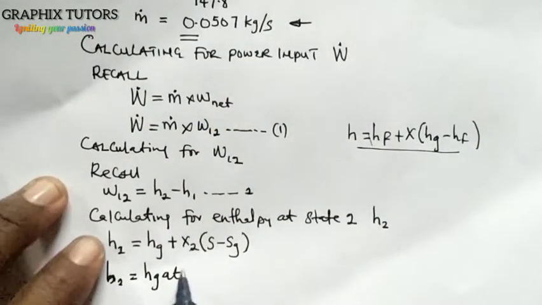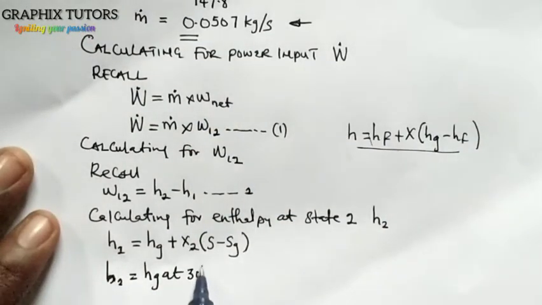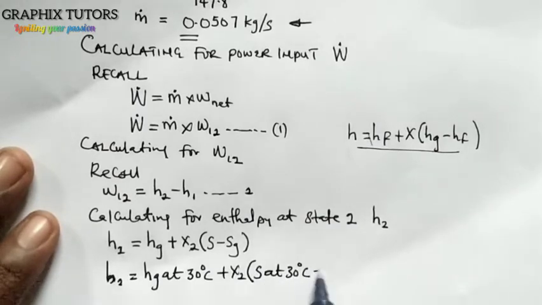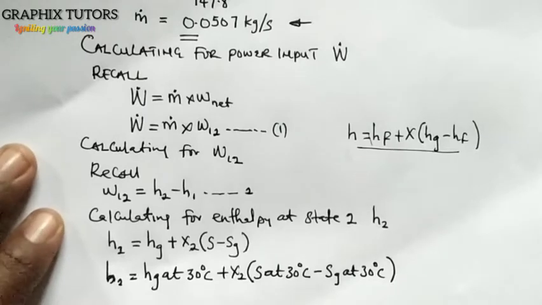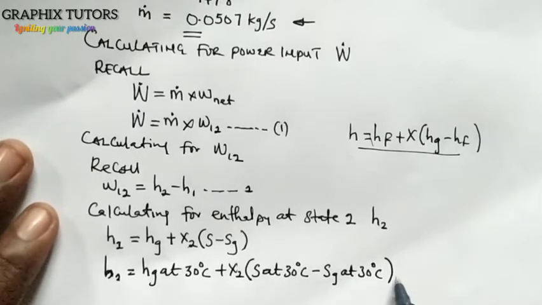So I'll say Hg at 30 degrees Celsius plus S2 into bracket x at 30 degrees Celsius minus Hg at 30 degrees Celsius. Is that taken? So I'm going to call this equation 3.